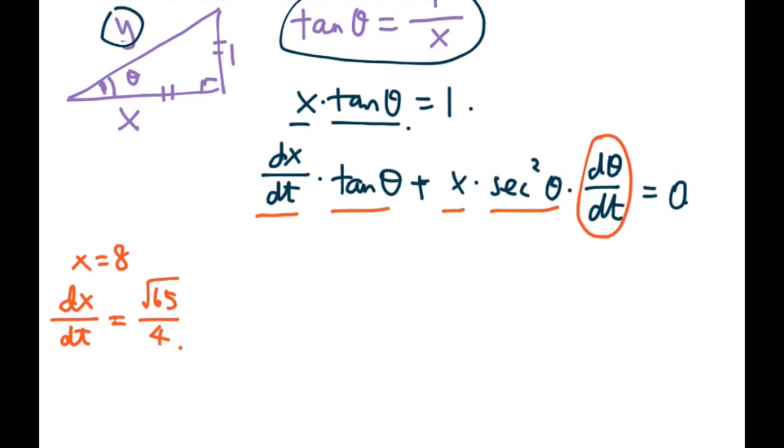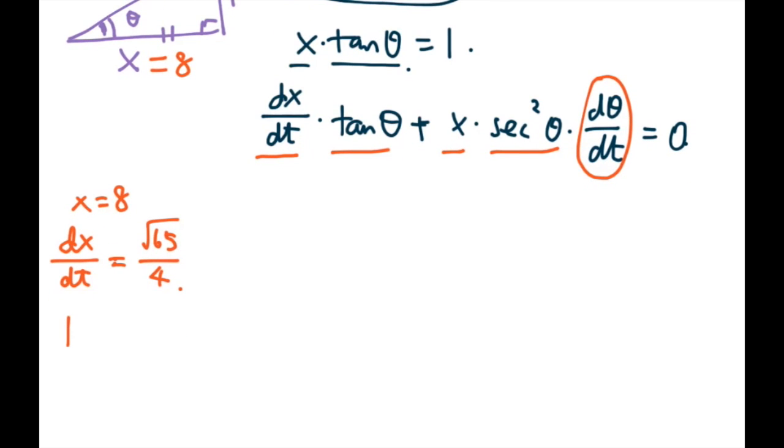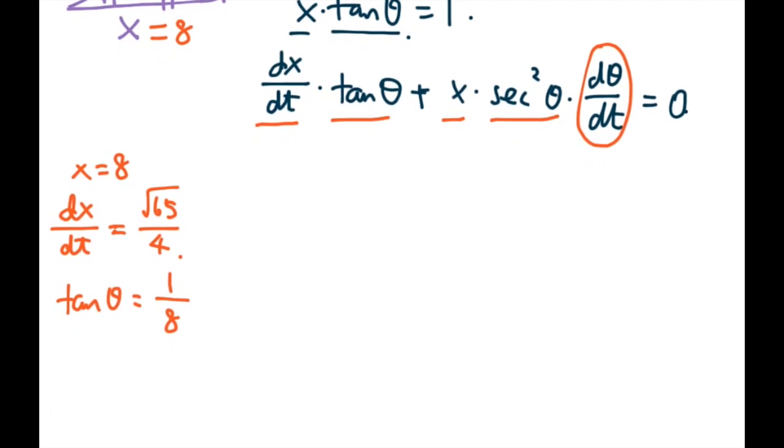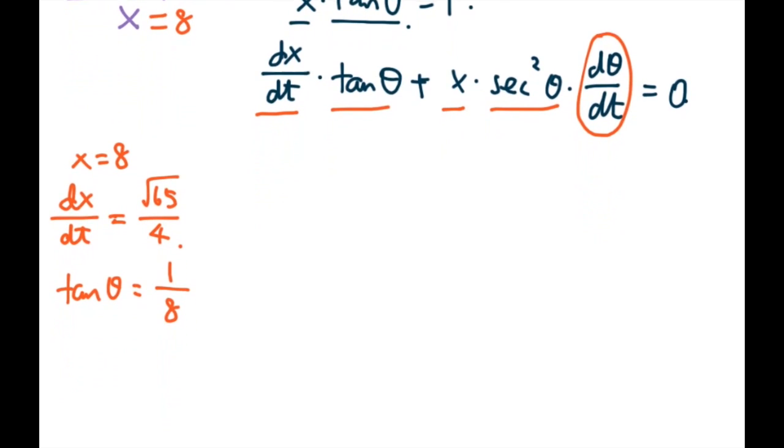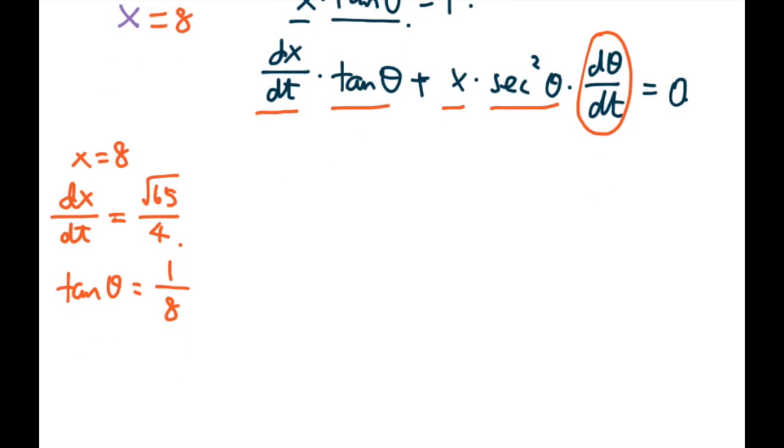And when x equals 8, we know that tangent theta is equal to 1 over 8. And by solving the triangle, we can find that secant theta is equal to root 65 over 8.